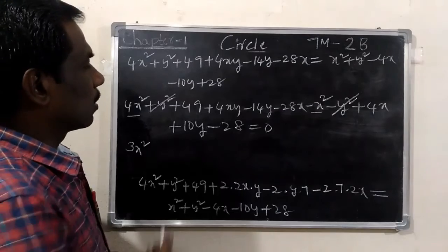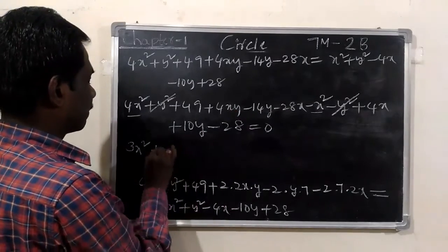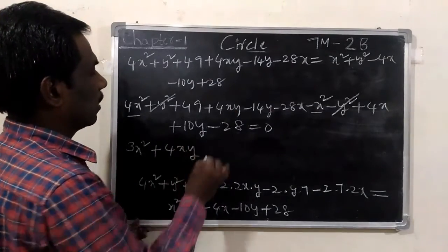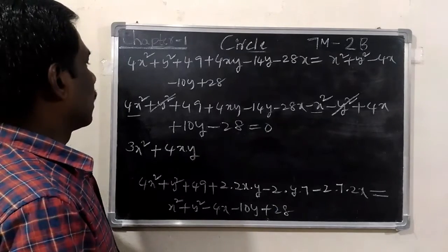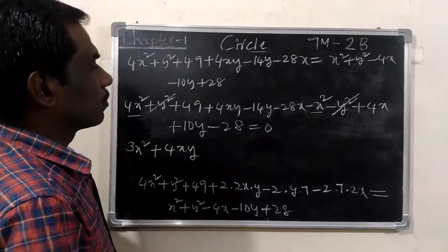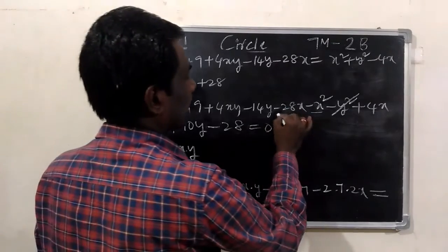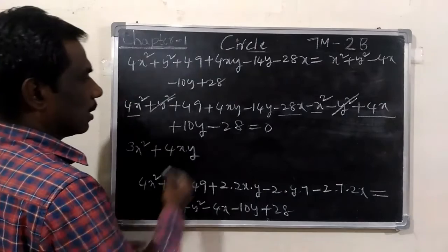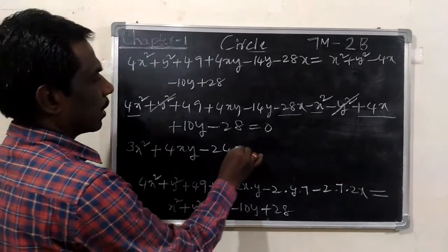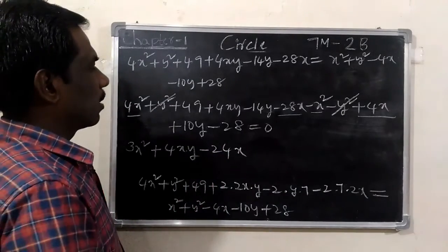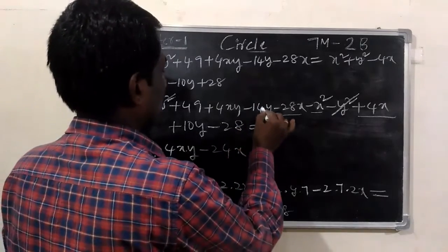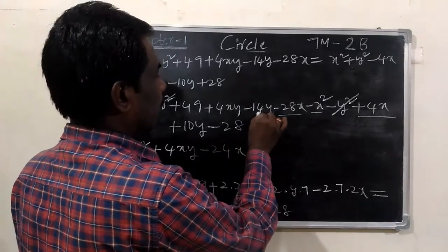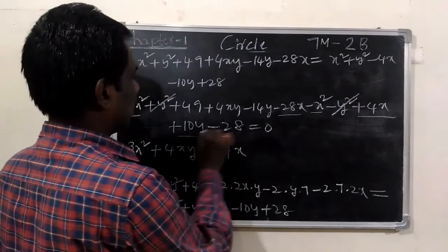After this is what? Plus 4xy, and next here minus 28x plus 4x is minus 24x. Next the y term is minus 14y and plus 10y.